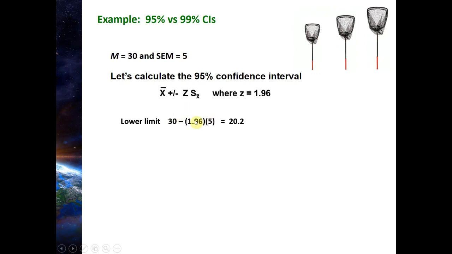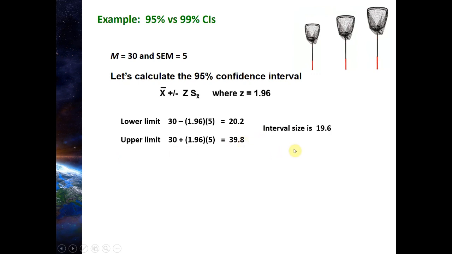We call the answer to a multiplication, remember, a product. So 30 minus this product will give you the lower limit. At the upper limit, it's just 30 plus this product, the multiplication of these two things, and that gives you the upper limit.